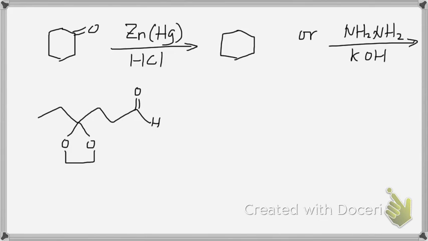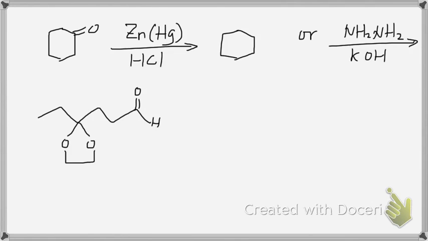The next example will show the difference between Clemmensen reduction and Wolff-Kishner reduction. Here we have an aldehyde functional group, and we also have an acetal, which is a protected carbonyl. Suppose we only want to reduce the aldehyde to CH2.